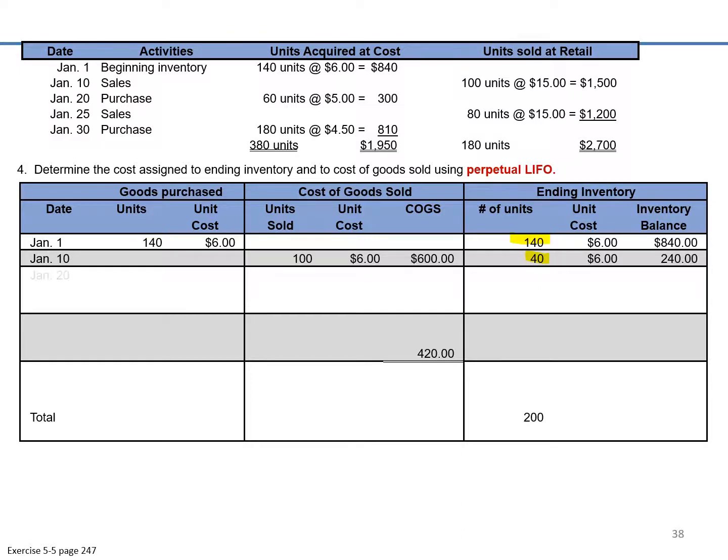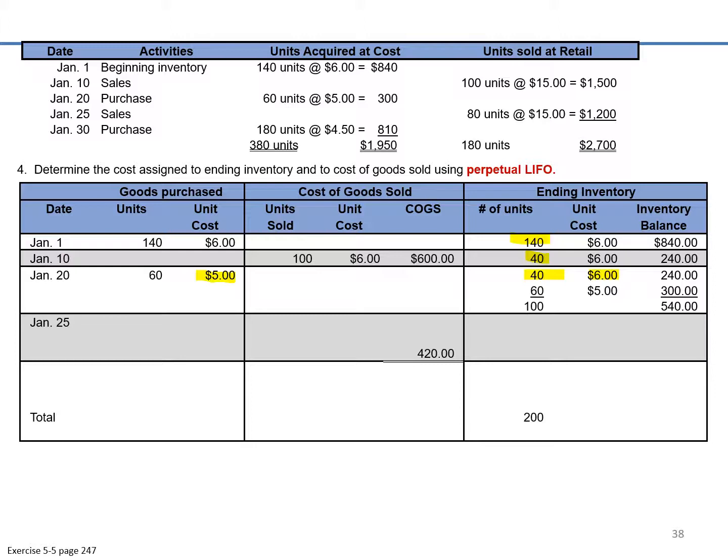Then on January 20th, we purchased 60 units. So now we've got our 60 units we purchased at $5, which means our ending inventory has our 40 still left over from our January 1st, plus our 60 at $5 that we just purchased. So we have total inventory of 100 units at $540. Then on January 25th, when we make our next sale, the 80 units we sold, we're going to sell last in, first out.